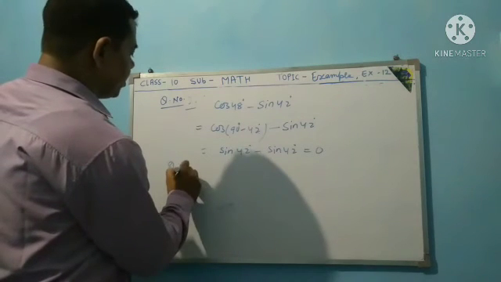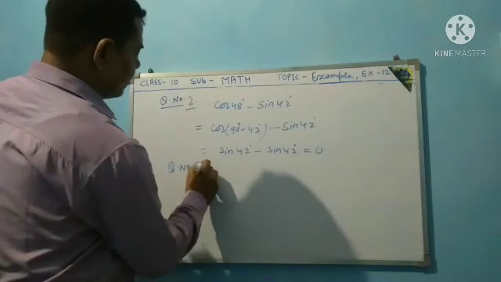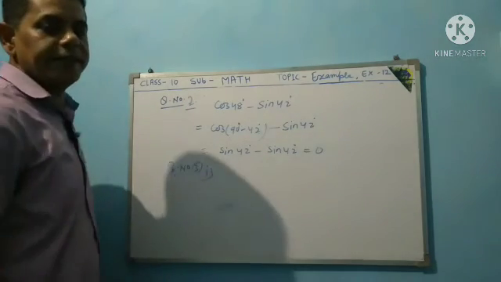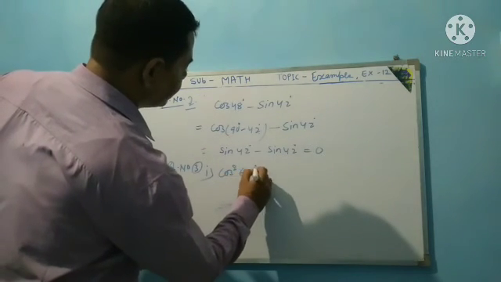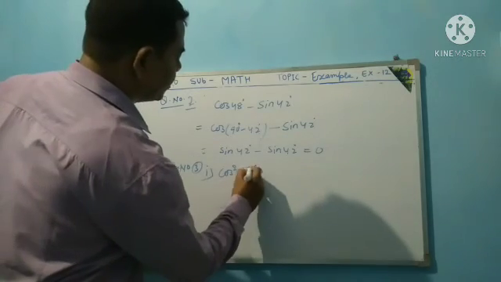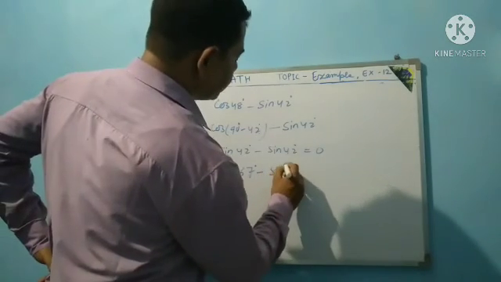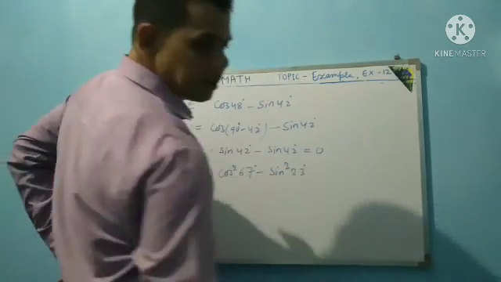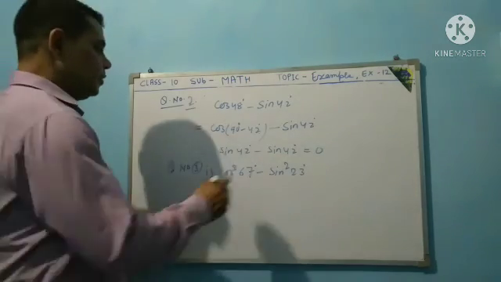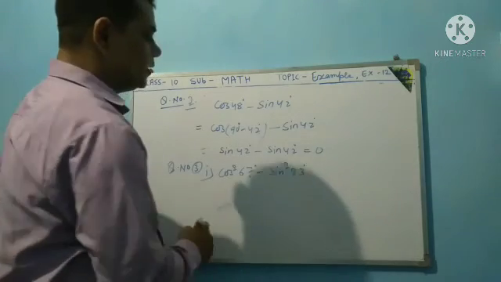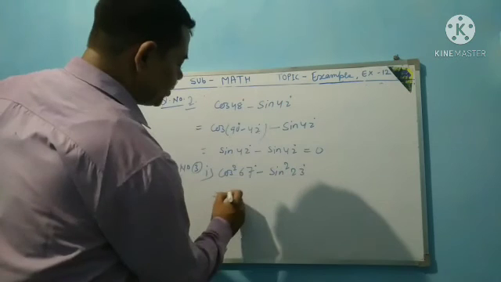Again question number 3: cos square 67 degree minus sin square 23 degree is given. So first one term is changed: cos square 67 is cos square of 90 minus 23 degree.